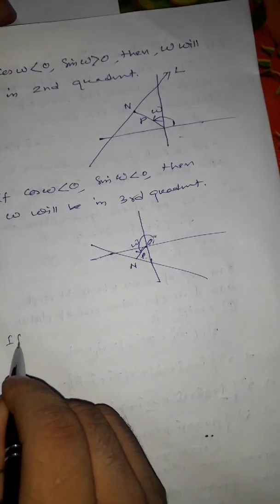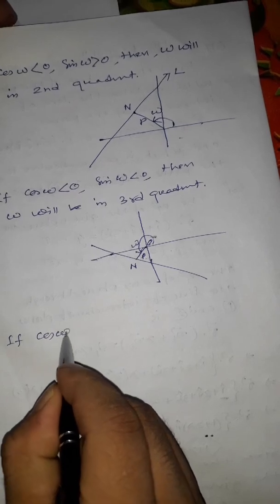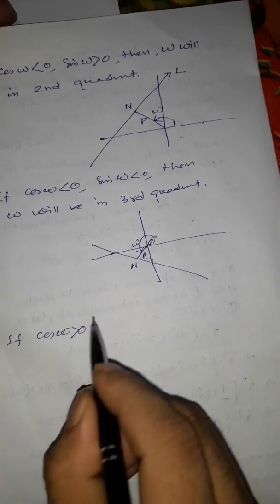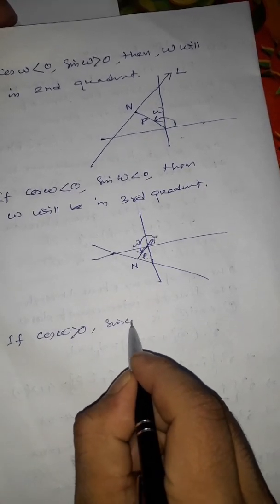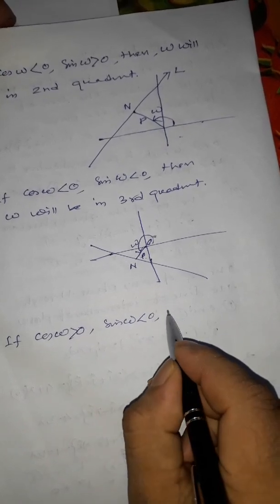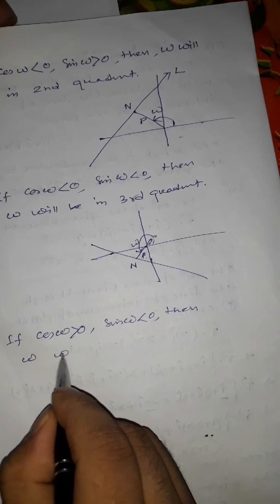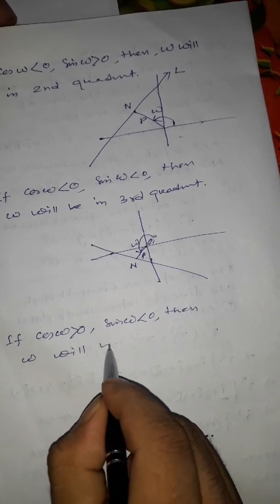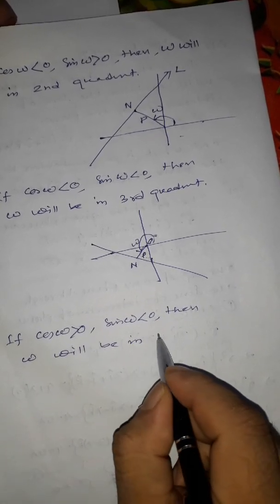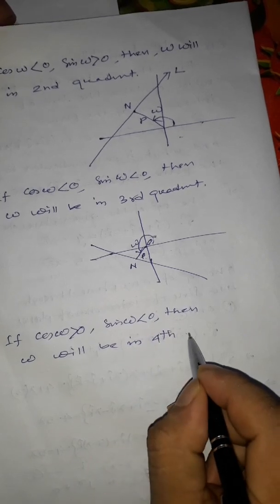And if cos omega is greater than 0 and sin omega is less than 0, then omega will be in the fourth quadrant.